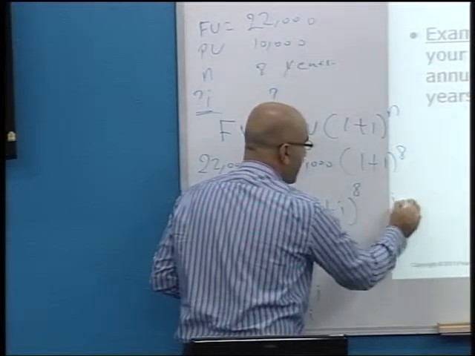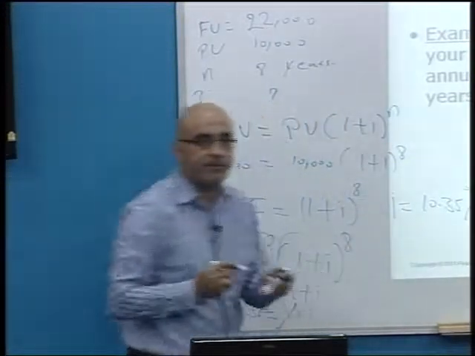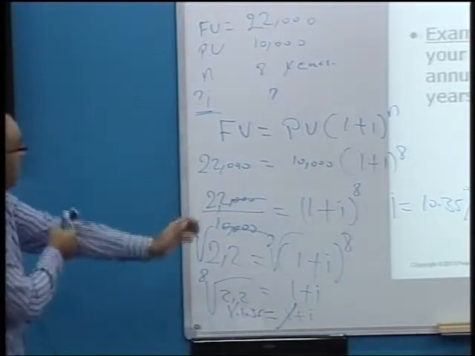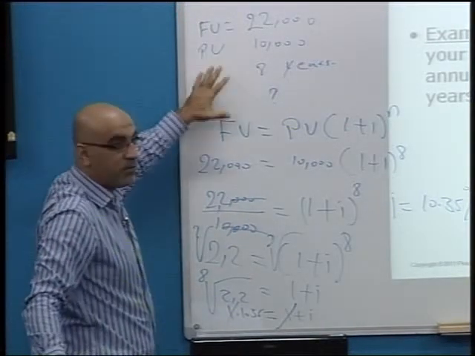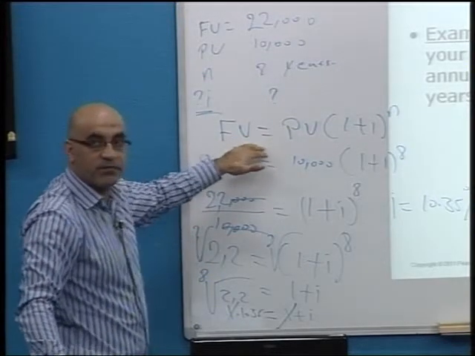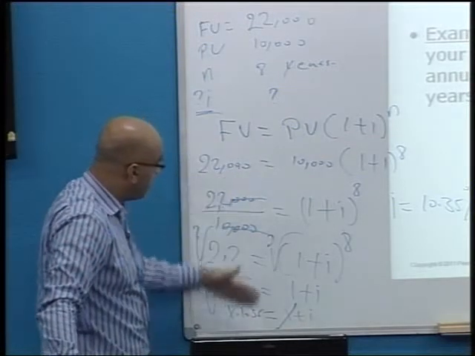So I is equal to 10.35%. Okay, so this is the full answer. Starting from the future value, do it in this way, and apply equation 5: future value is equal to the present value times 1 plus I power n. Then do it in this way.